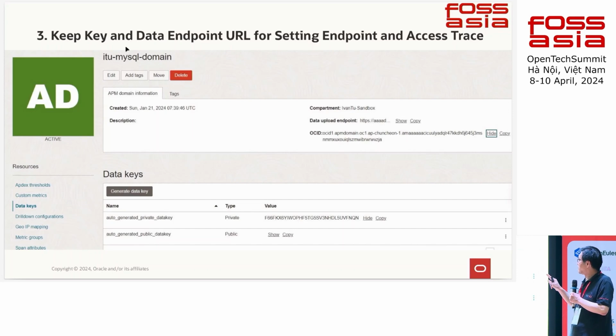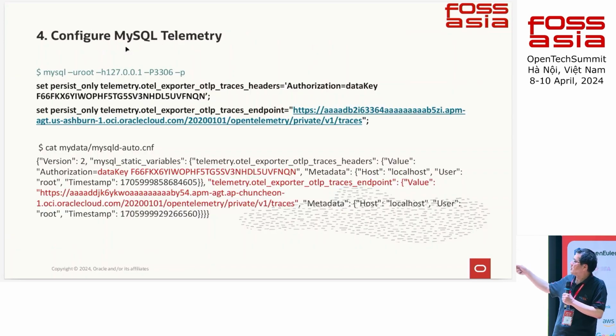One is the authentication information, which you can find from the data key, the private key here. And you need to find the endpoint, because the communication for telemetry uses HTTP format, so you need to find the HTTP URL. Then you set up the endpoint to the database.